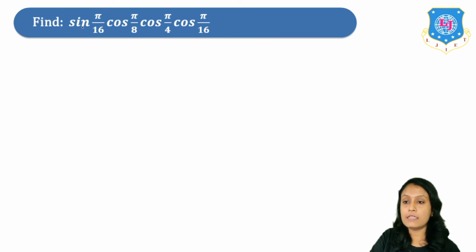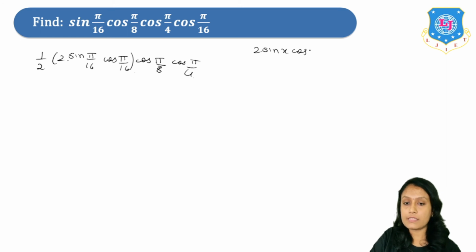We have to find sine pi upon 16, cos pi upon 8, cos pi by 4 and cos pi upon 16. So we'll rearrange this: sine pi by 16, cos pi by 16 here, cos pi by 8 and cos pi by 4. Now we'll multiply and divide by 2, and we'll apply the formula for 2 sine x cos x, that is sine 2x.